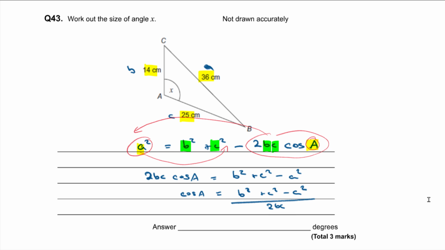Now, once I've got it written like that, I can substitute into it. So cos A is x, that's the thing I want to find. b squared is 14 squared, c squared is 25 squared, minus a squared, 36 squared, over 2 times b, 14, times c, 25.